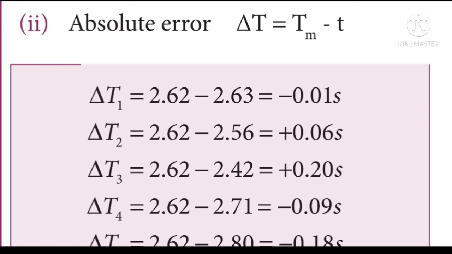The absolute error of the second measured value is 2.62 minus 2.56, which is equal to plus 0.06 second. The absolute error of the third measured value is del T3 is equal to 2.62 minus 2.42, which is equal to plus 0.20 second.